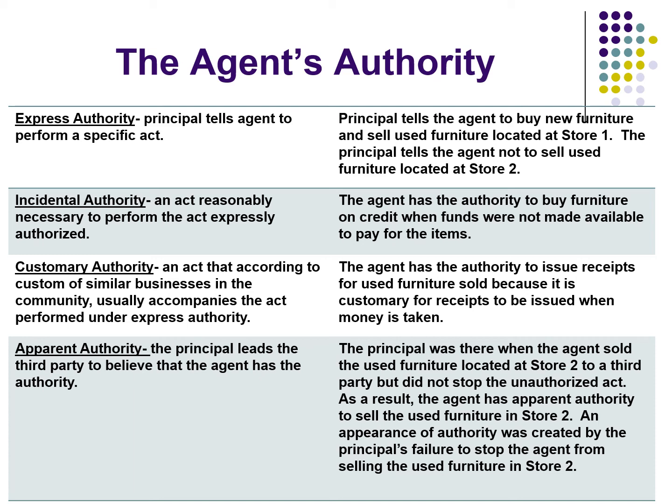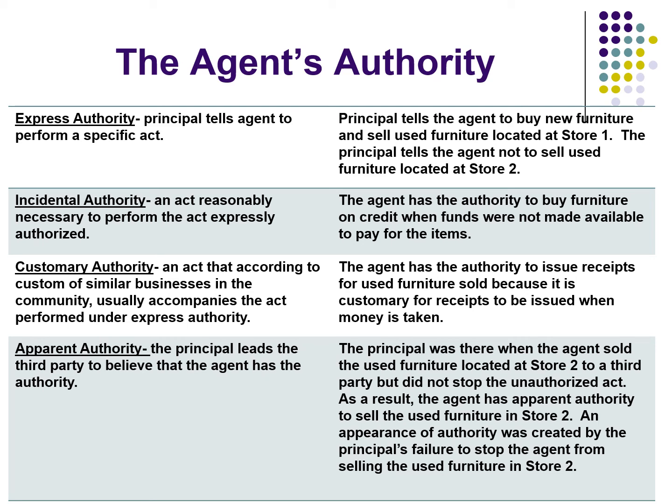And then finally, our last type of authority is apparent authority. This is the kind of authority that the principal gives when they lead third parties to believe that an agent has authority. What does that mean?